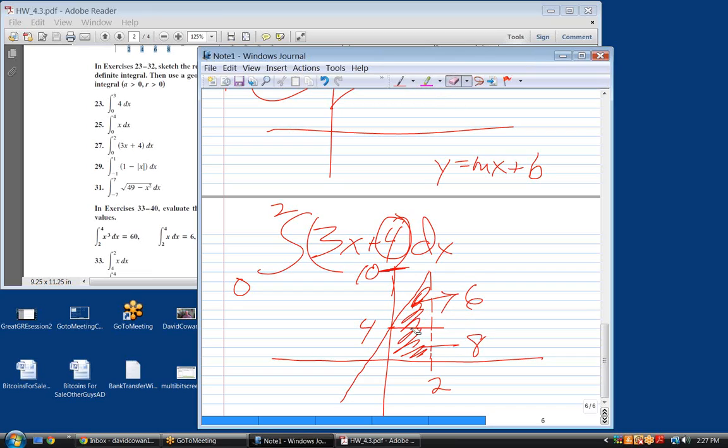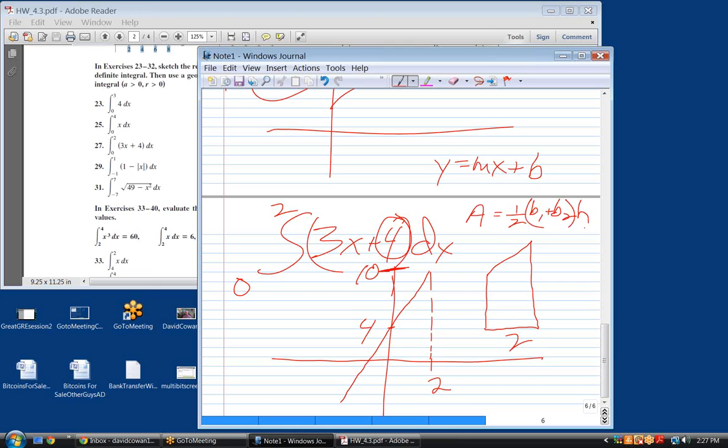But let's talk about using our knowledge of trapezoids, because that's what this is. That's a trapezoid. We know this is 2. The area of a trapezoid is 1/2 the base 1 plus base 2 times height.